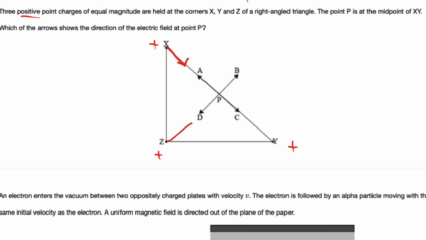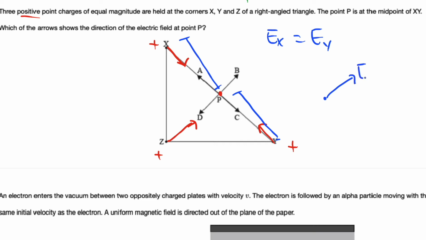And here's going to have an electric field in this direction, this direction. And because P is at the midpoint, this distance here will be this distance, which means that the electric field due to point X is going to be equal to the electric field due to point Y. And because they're equal, the electric fields will be cancelled out. So there's only going to be one electric field, due to point Z. Right. So B is the answer for this problem.